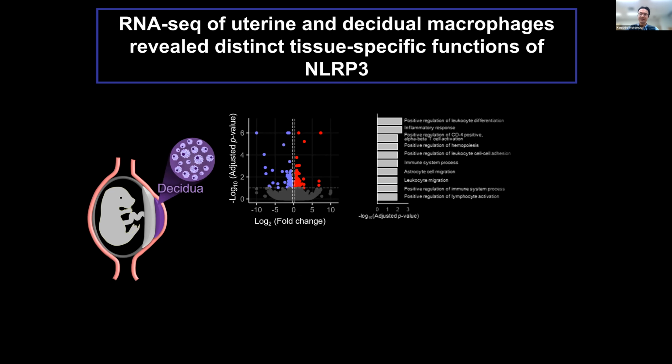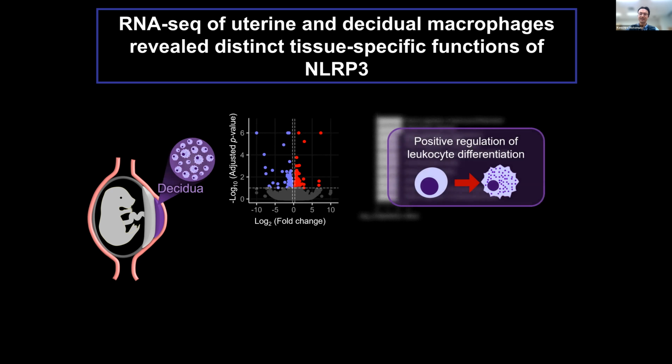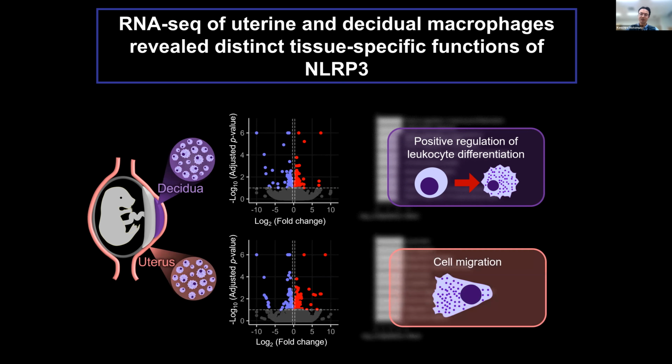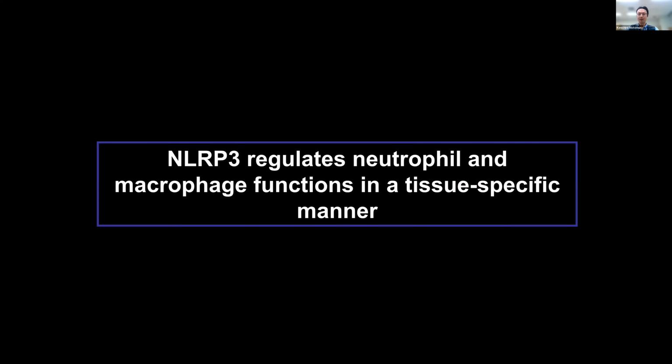Macrophages in the decidua of knockout mice displayed altered gene expression, with enrichment of processes such as positive regulation of leukocyte differentiation. In the uterus, such cells showed gene expression associated with cell migration. Together, these data indicate that NLRP3 regulates neutrophil and macrophage functions in a tissue-specific manner.